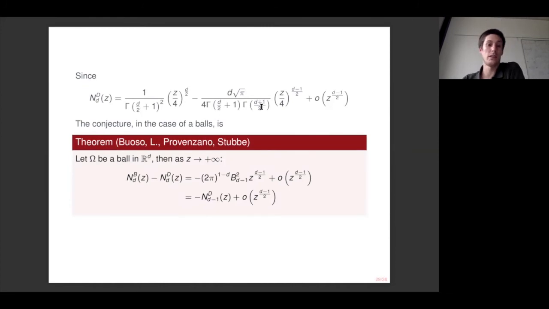In the case of a ball, the second term is this one, and so we can restate the two-term expansion in this form. So for a ball in R^d, we prove that the difference between the buckling counting function and the Dirichlet counting function has this leading term with this constant.